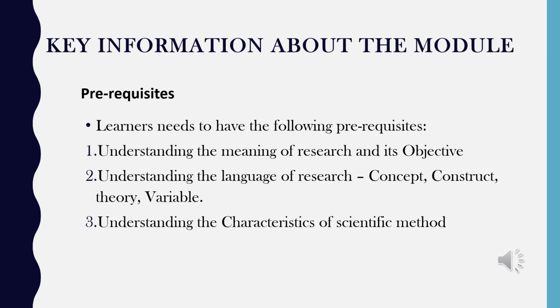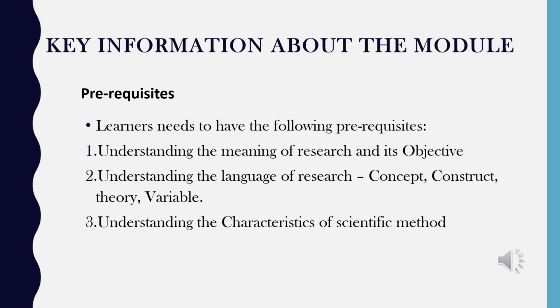In order to undertake this course, learners need to have some prerequisites. The first one is an understanding of the meaning of research and its objectives. What is research in lay terms, and what are the objectives of research?